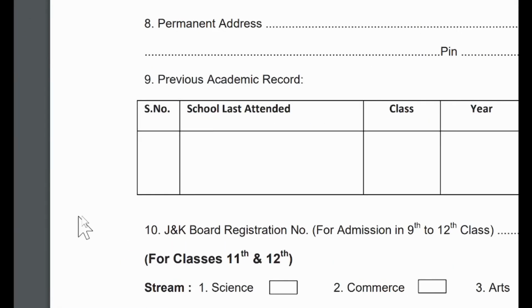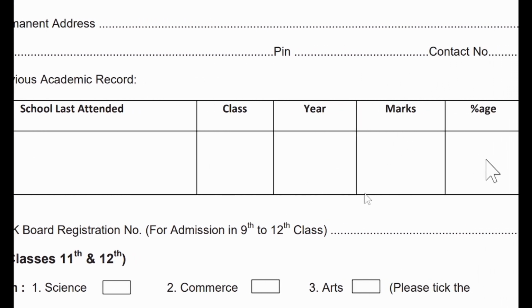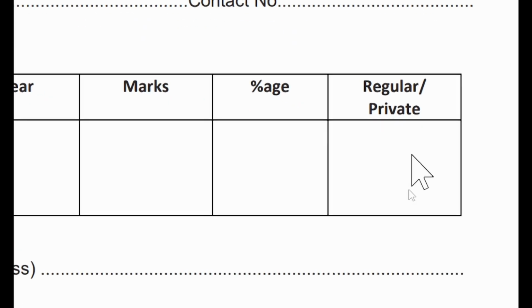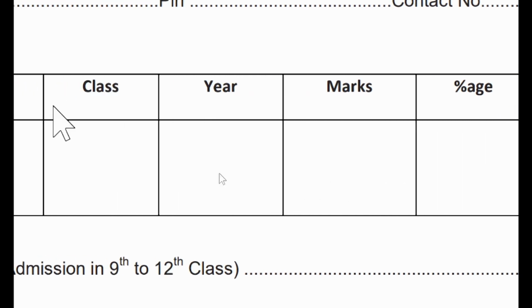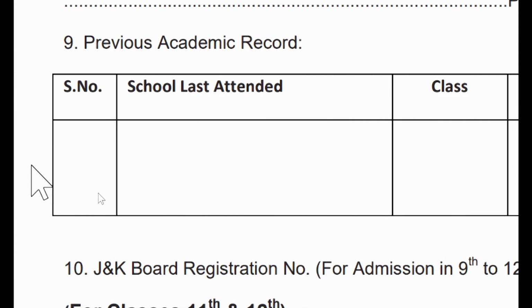Let me zoom in a little and let's count. 1, 2, 3, 4, 5, 6, and what? 7. Alright, so we see 7. Let me zoom in well. 1, 2, 3, 4, 5, 6, and 7. Are they 7? And how many rows?